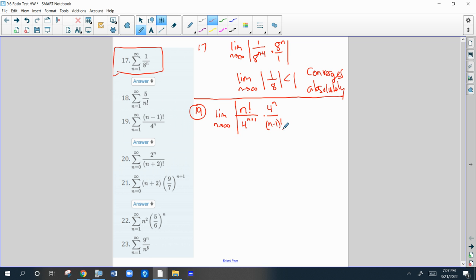So we just talked about how we're going to handle the exponents. If we have 4 on the bottom.